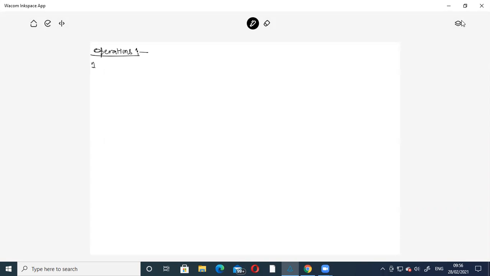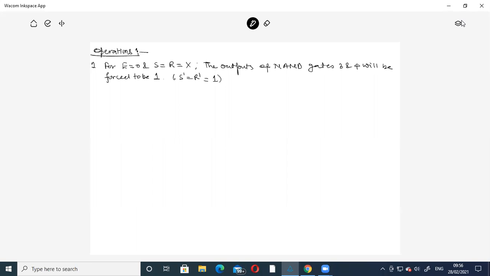First operation is for E is equal to 0 and S is equal to R is equal to X, then the outputs of NAND gate 3 and 4 will be forced to be 1, and S dash is equal to R dash is equal to 1.